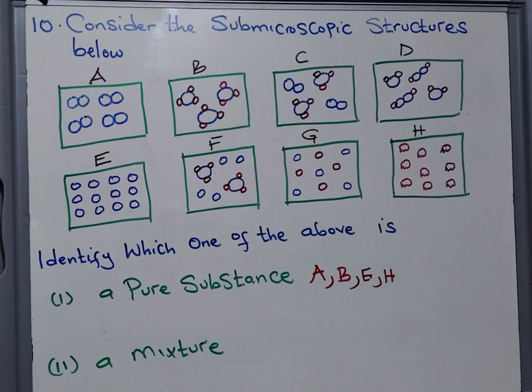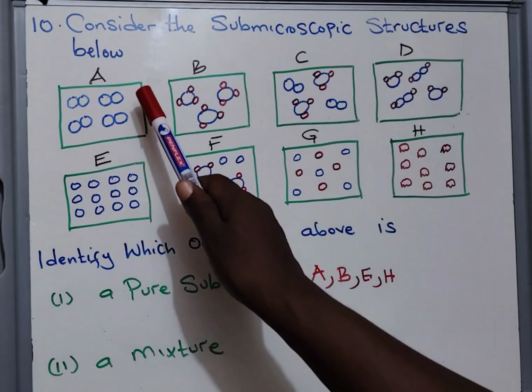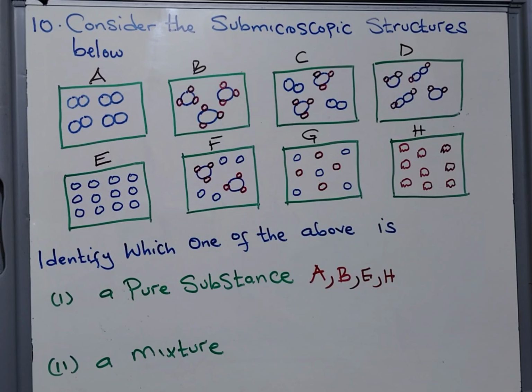So we come to the next one, a mixture. It says, identify which one of the above is a mixture. You have to know that a mixture is made up of 2 different substances put together. It can be 2 different compounds, 2 different elements.